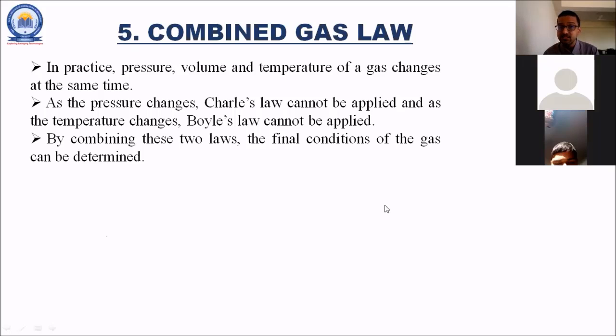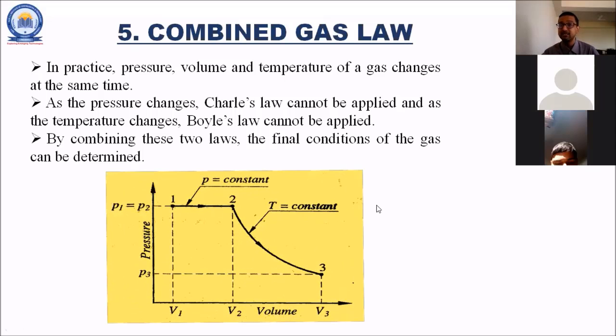As the pressure changes, we cannot apply Charles' law, and as the temperature changes, we cannot apply Boyle's law. So now it is necessary to combine these two laws in order to understand the final conditions of the gas. So according to the combined gas law, we are using the PV diagram. If you want, you can also draw a rough sketch of the PV diagram in your book, because the complete derivation we will be following uses this PV diagram.